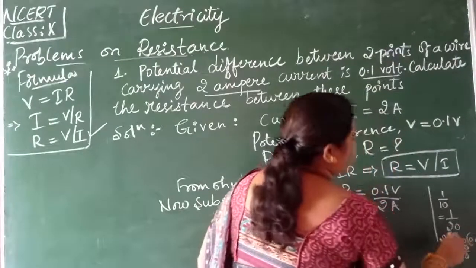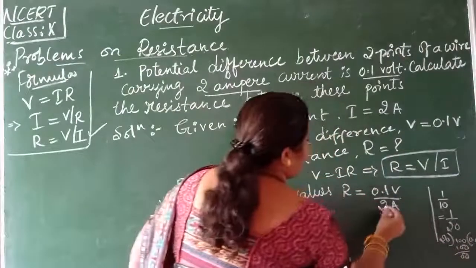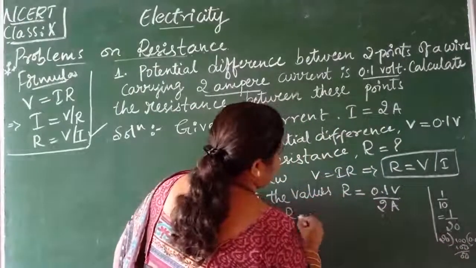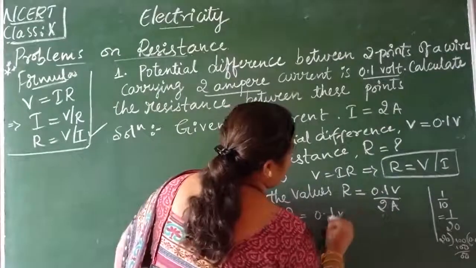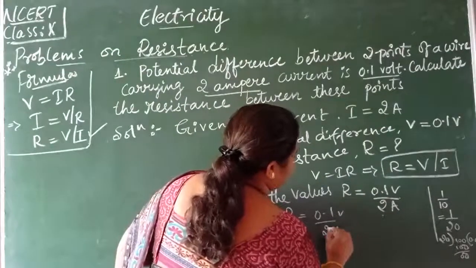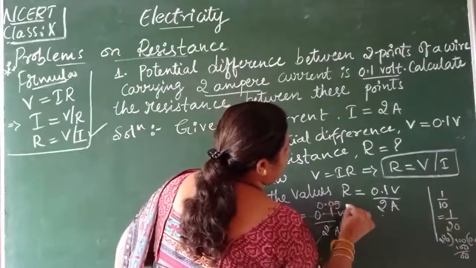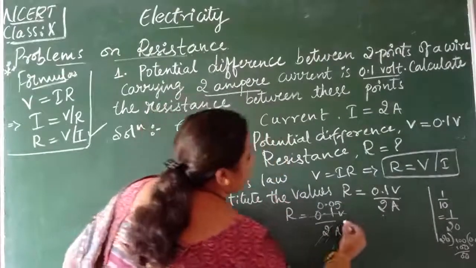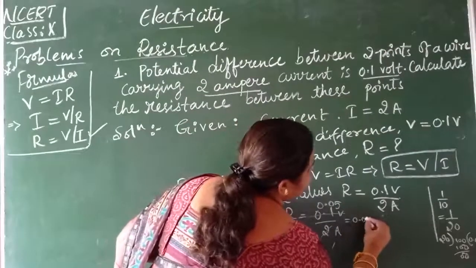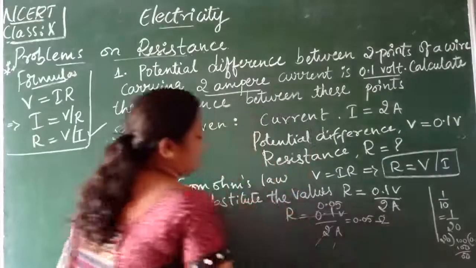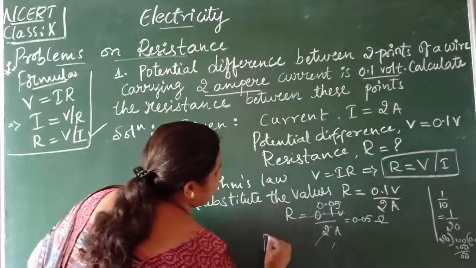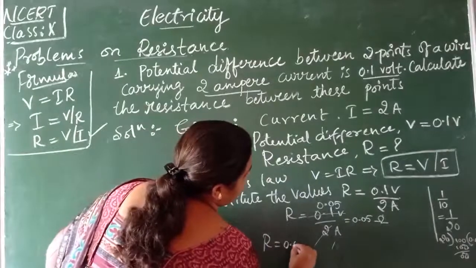So R is equal to 0.1 volts divided by 2 amperes, which is 0.05. So what is the value, children? 0.05 ohms. The SI unit of resistance is the ohm.